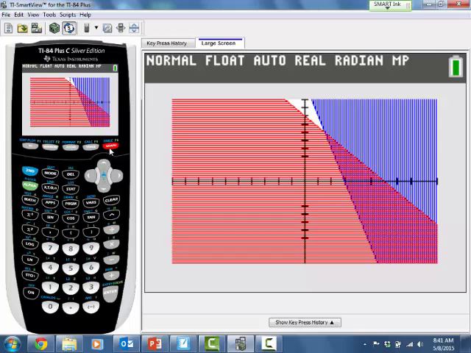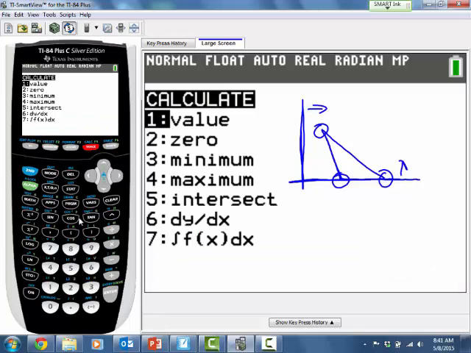So we have to keep in mind here that we had x is greater than or equal to 0 and y is greater than or equal to 0. So if we imagine those being shaded, we can see that triangle there in the first quadrant, and we would have 3 vertices. We can see that we have one at 3, 0, and at 6, 0, where they cross the x-axis. And then just to make sure we can identify that other one, we can use the intersect feature. So we do second calc, intersect, select the first line, second line, and then your guess.